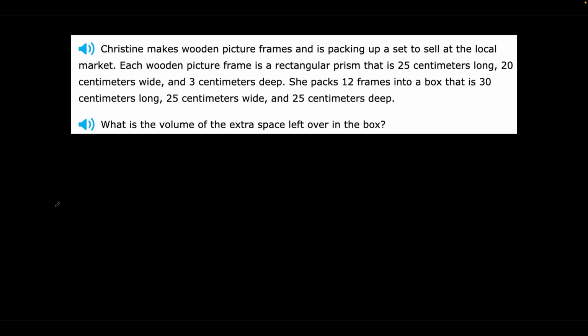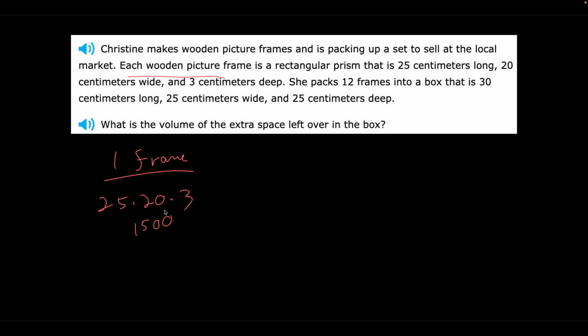All right, last type of problem, if you want to go ahead and pause the video and read it. Okay, now that you've read the problem, let's talk about it. So for this one, each wooden picture frame, so 1 frame, the volume of 1 frame would be 25 times 20 times 3, which is 1,500.